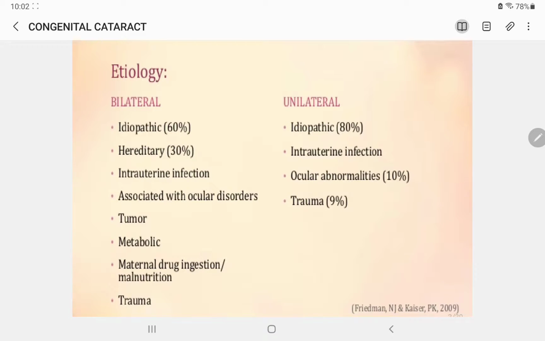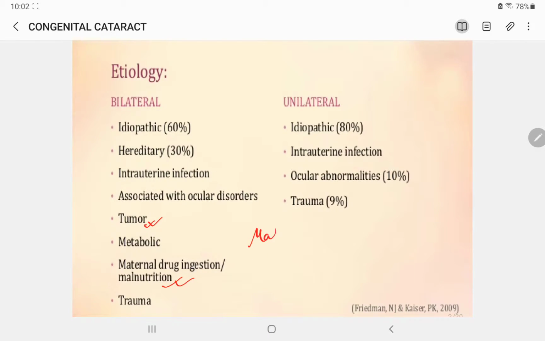And it can be associated with other ocular disorders like ROP. Cataract is also associated with some kind of tumor, and with maternal drug ingestion or malnutrition.